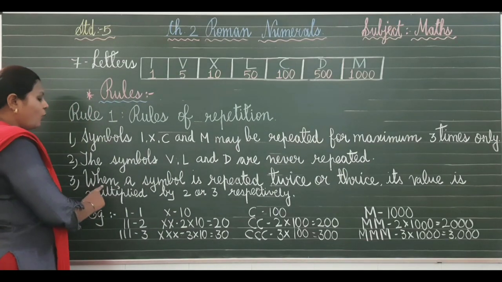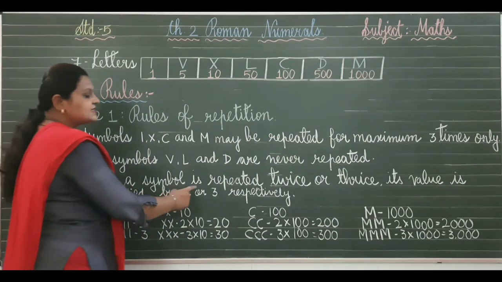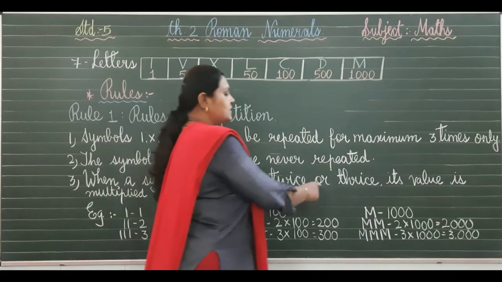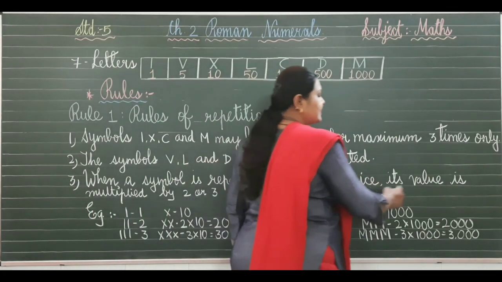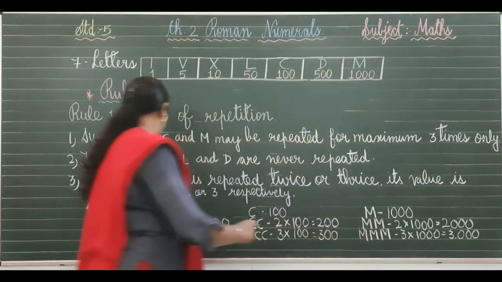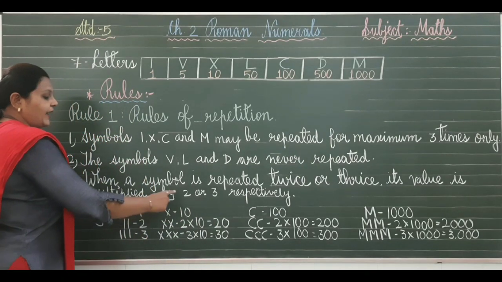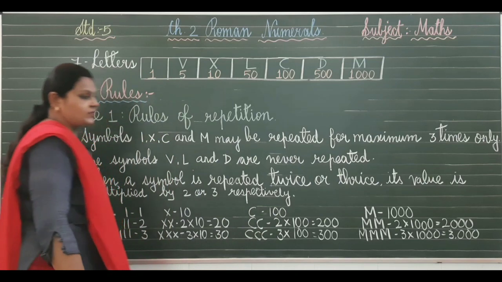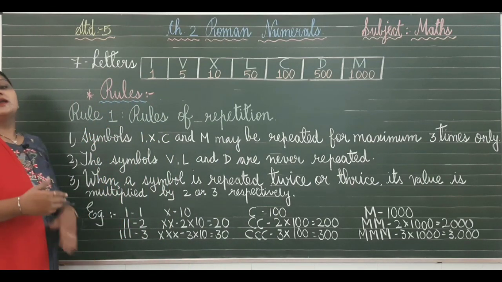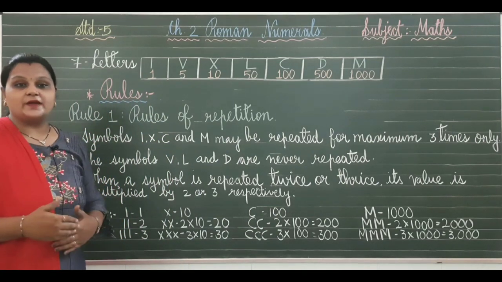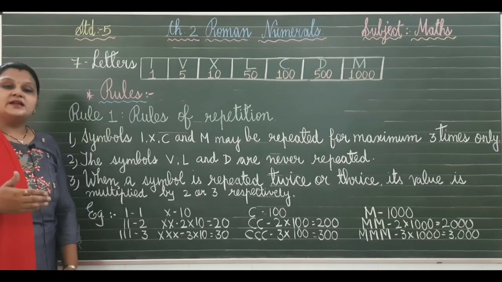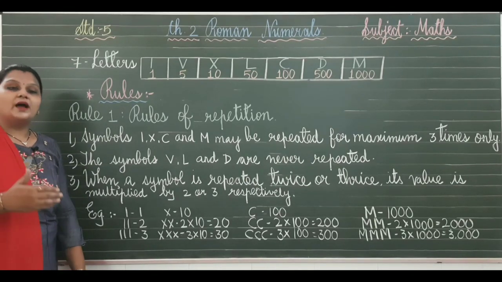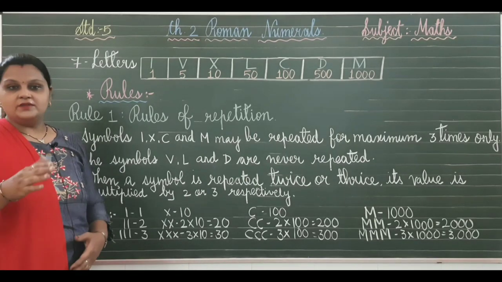Next rule, when a symbol is repeated twice or thrice, its value is multiplied by 2 or 3 respectively. Means when you are writing more than 2 times, you have to multiply the number by 2 or 3.